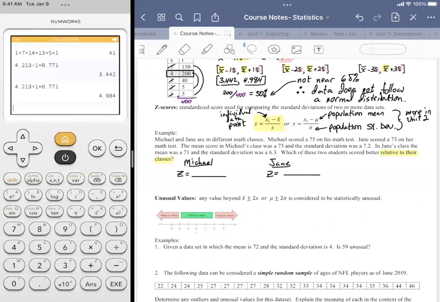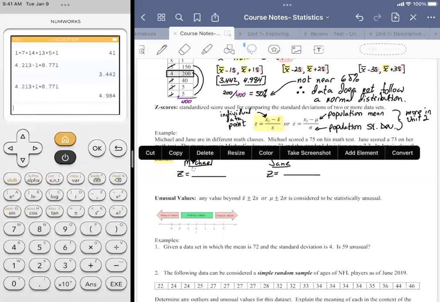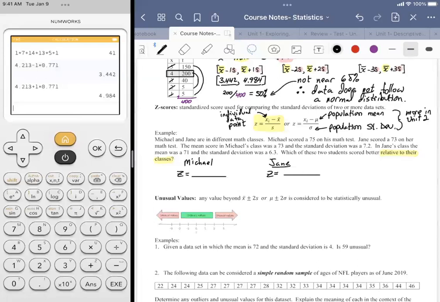It's really saying that we have a data set that has a mean and a standard deviation, and we have individual scores. What we're trying to figure out is how many standard deviations each relevant value is away from that sample's mean.